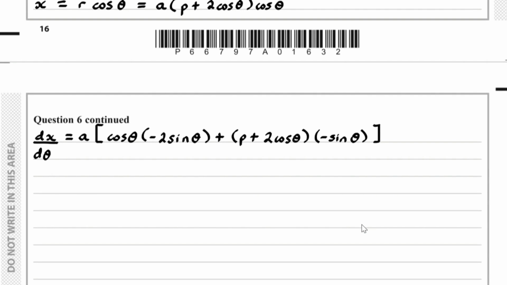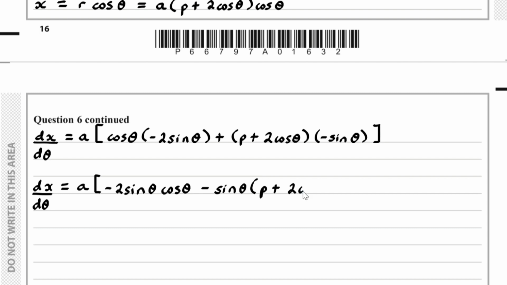So if we tidy all of this up even further, dx over d theta is equal to a lots of minus 2 sin theta cos theta minus sin theta lots of p plus 2 cos theta. Let's close this bracket here.